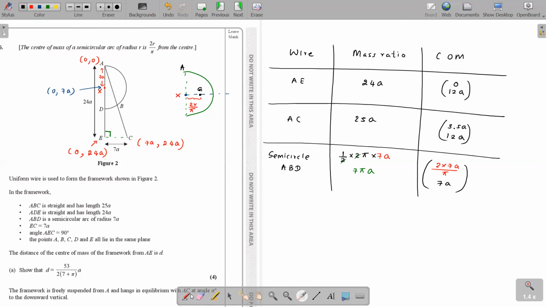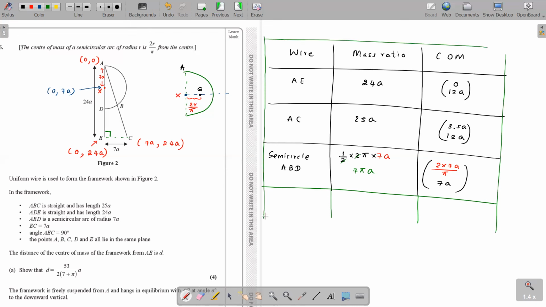Okay, then finally, I think we have taken all y's into consideration. Am I correct? So finally, add everyone and take the total mass. Let's take the total mass of the total framework.